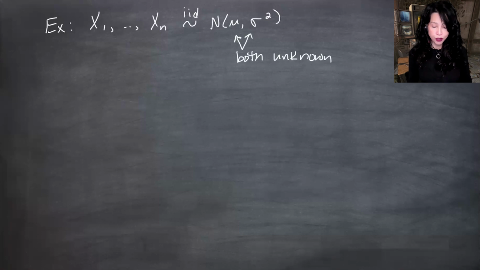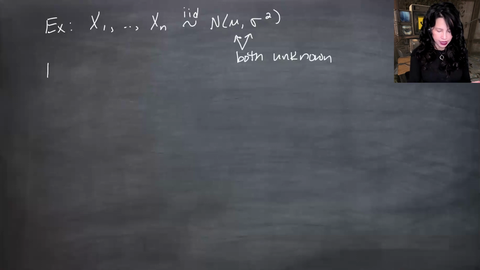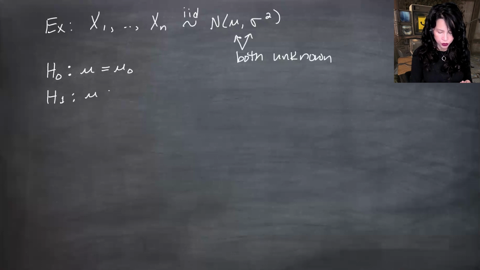And the ones we've done so far, we've always known sigma squared. So another thing that has changed in this example is we have moved on to a composite looking alternative hypothesis. So our null hypothesis is going to be that mu is some fixed number, and our alternative was that mu was greater than that fixed number.